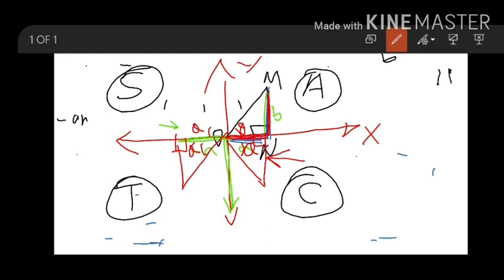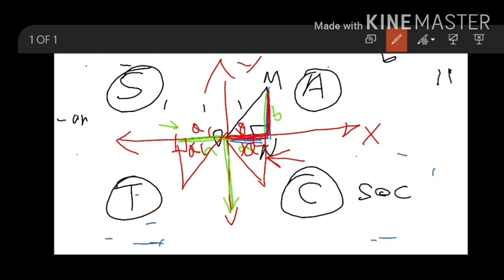With this notation you can remember which trigonometric ratios have positive values in different quadrants. A means all ratios, S means sine and cosec, T means tan, and the inverse of tan is cot, and in the fourth quadrant cos will remain positive and the inverse of cos is sec.